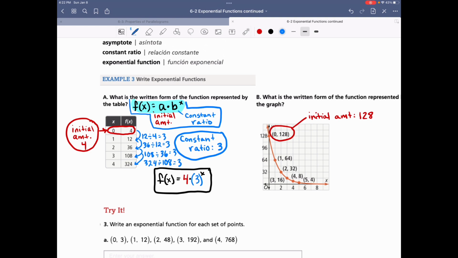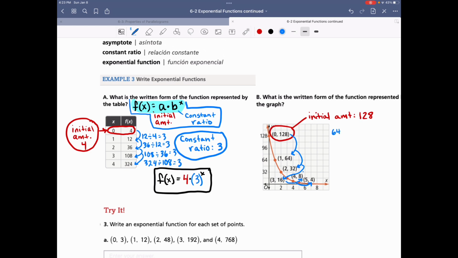So how do we get from 128 to 64? How do we get from 64 to 32? From 32 to 16? From 16 to 8? And how do we get from 8 to 4? Well, now we're dividing by 2. But to show dividing by 2, we can also multiply by 1/2.